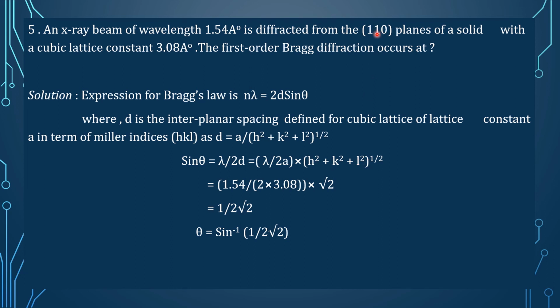H is 1, k is 1 and L is 0. So we get root of 1 square plus 1 square plus 0 square, which is equal to root 2. So we get 1 by 2 root 2. So this is sin theta, so theta will be equal to sin inverse of 1 by 2 root 2.